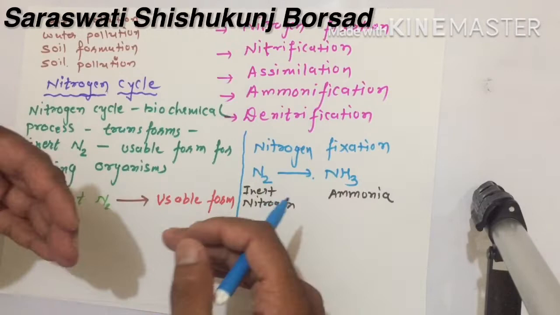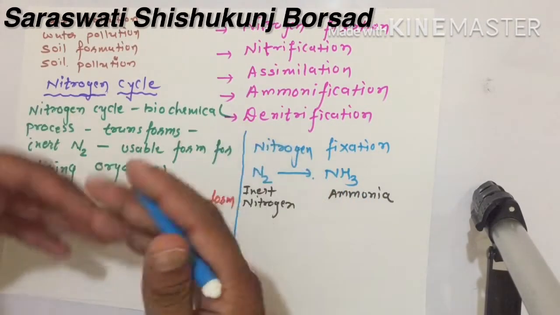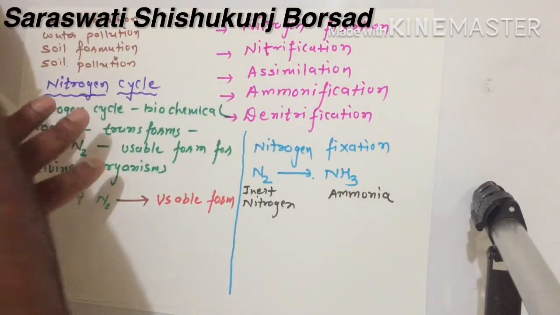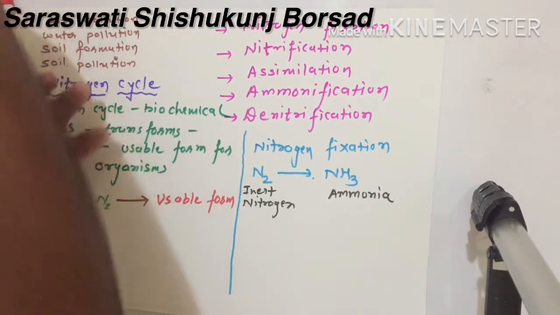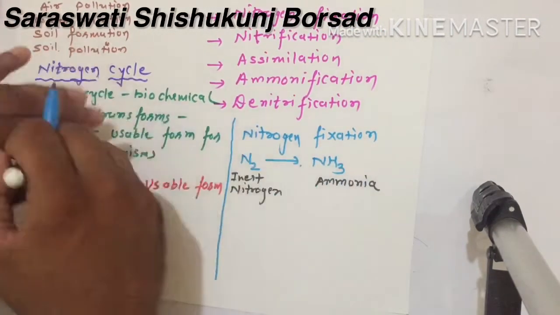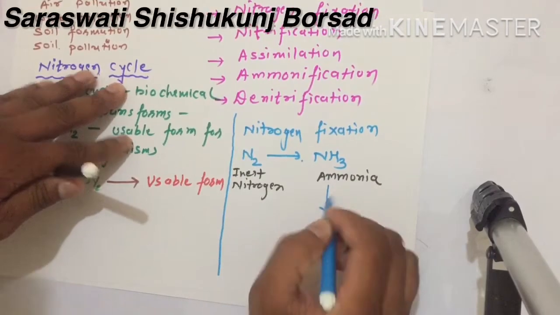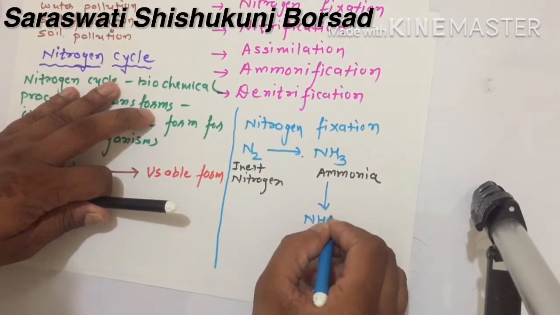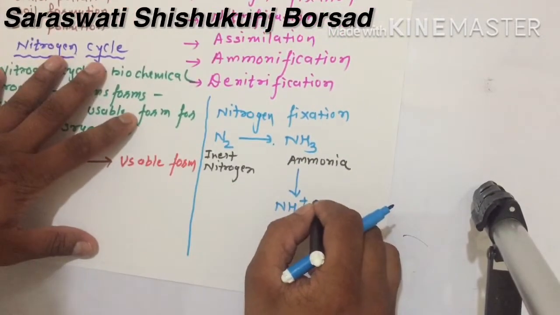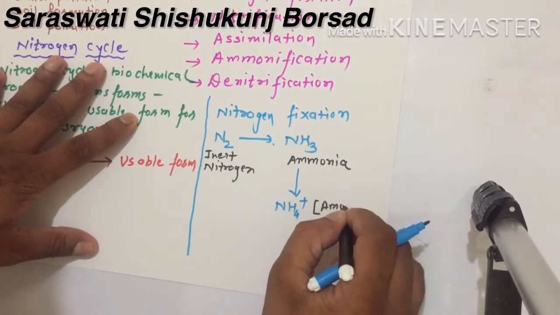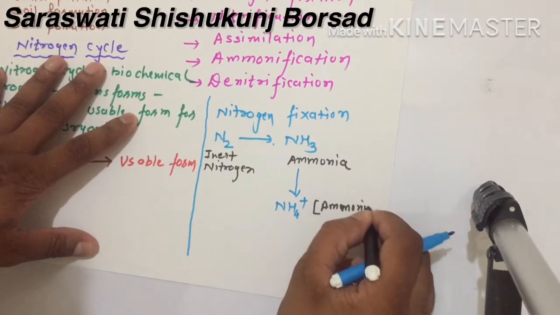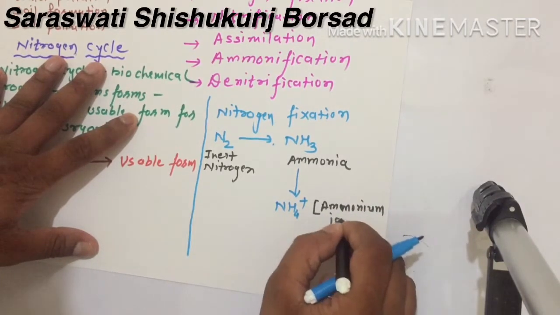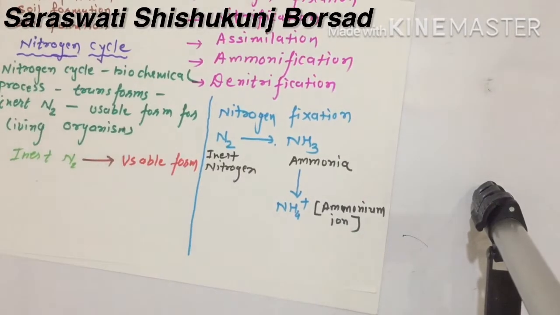After that, the nitrogen undergoes a certain change, and this ammonia gets reacted with another hydrogen and forms NH4+, which is called the ammonium ion, right?